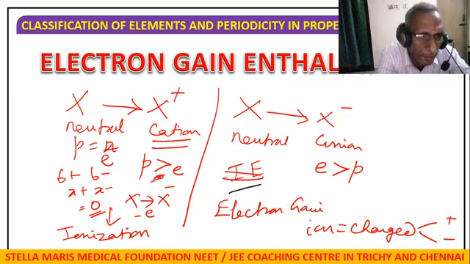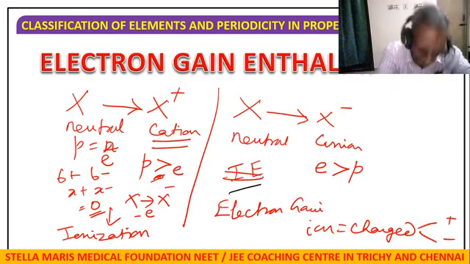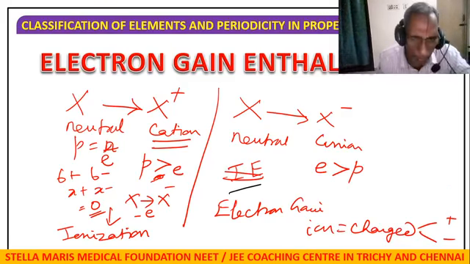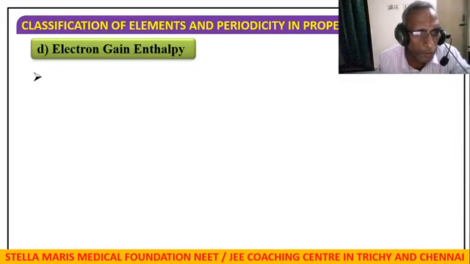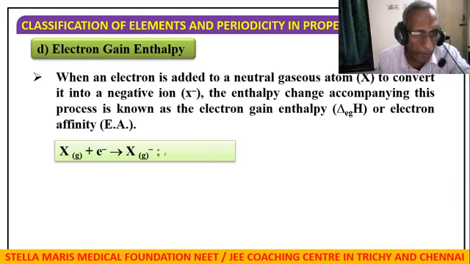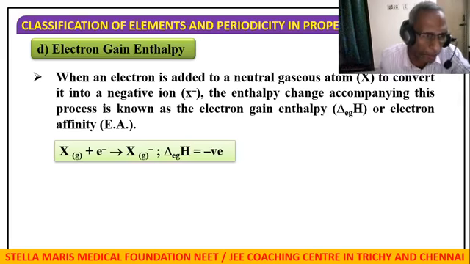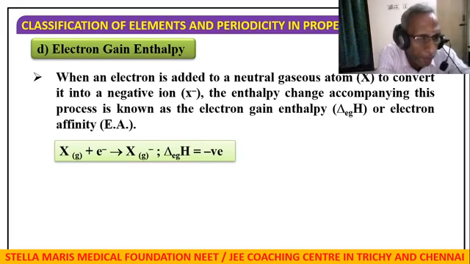Electron gain is the process by which a neutral atom gains an electron to form a negatively charged species. In the case of cation formation, protons should exceed, so you have to remove an electron, whereas for anion formation you have to add an electron.